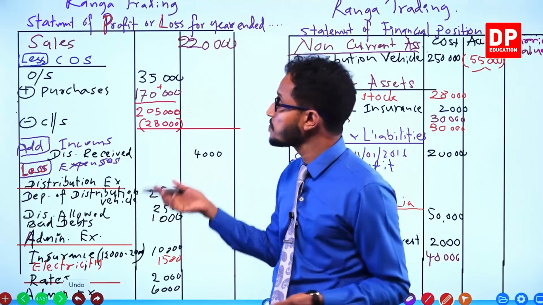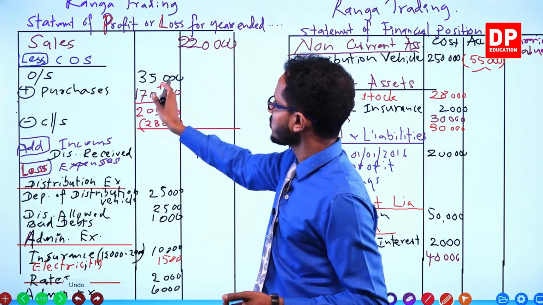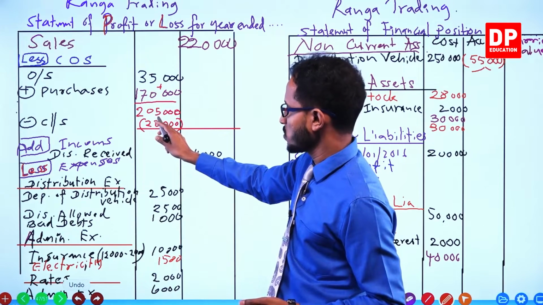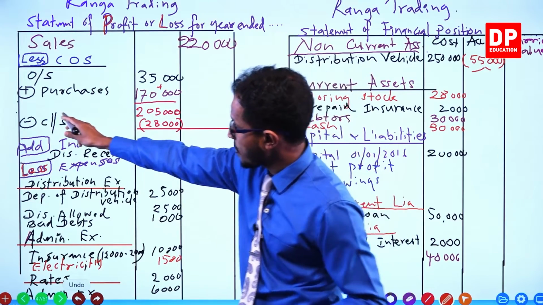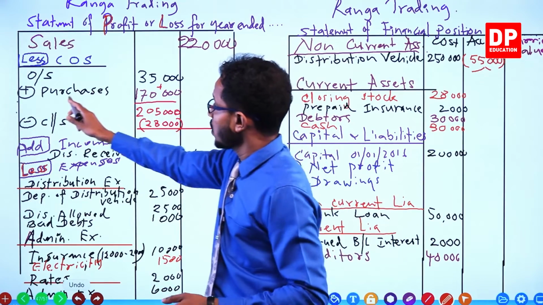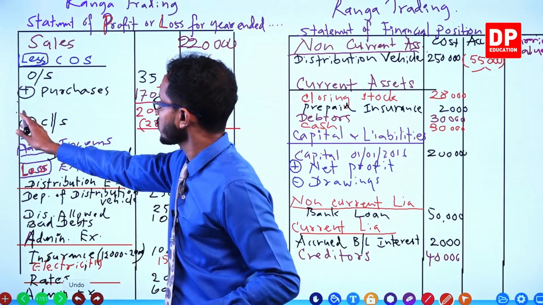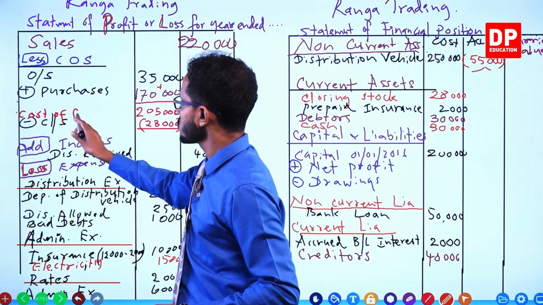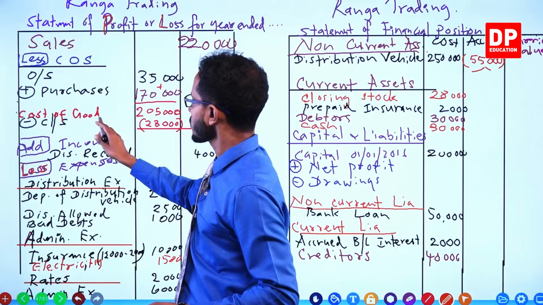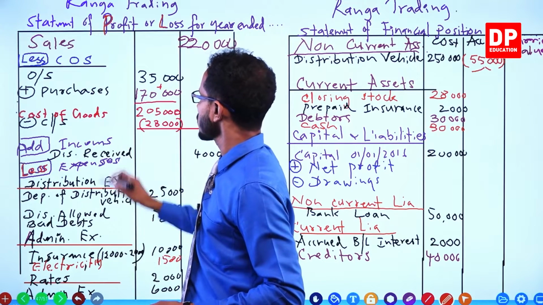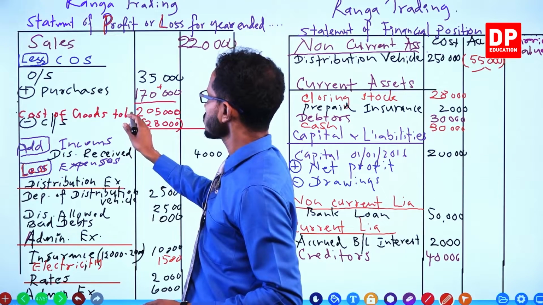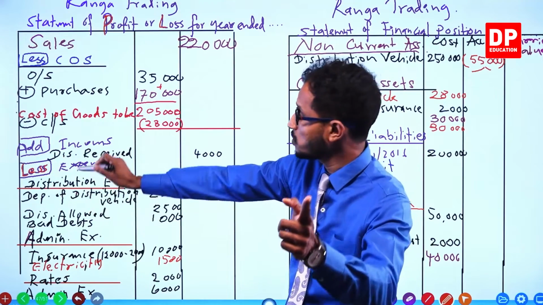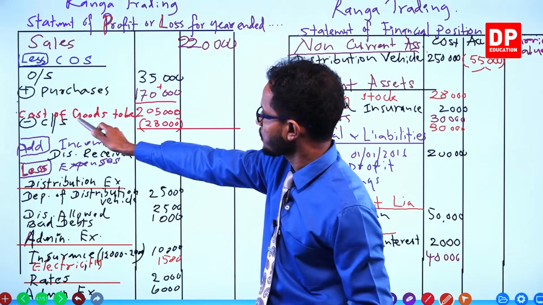Children, what we did was opening stock 35 plus purchases 170, and we got 205. That is actually the goods to be sold. You have to write cost of goods to be sold, 205.